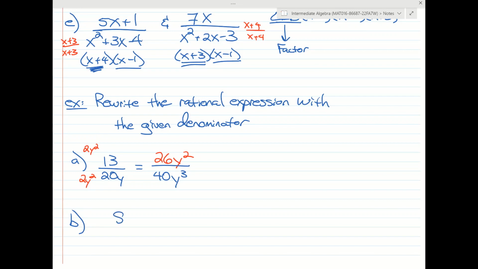Next, what if we had 8 over 4a squared, and we're trying to turn the bottom into 12a squared b to the third.